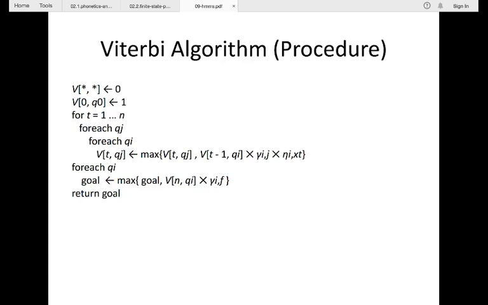Otherwise, it's going to be the value in t minus 1, qi, so looking back one step in time at the other state, times the transition probability from i to j, times the emission probability for state i and the observed word at that time step.